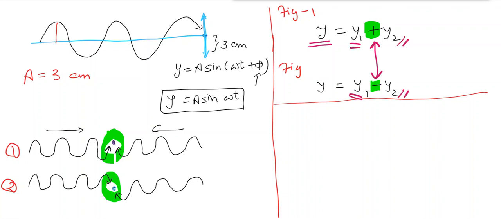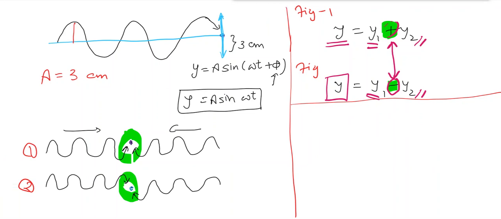What is y1? What is y2? These are displacements due to individual wave. And sometimes we take plus, sometimes we take minus, because we are considering direction. So it is called vector sum. So if you want to find out resultant displacement of the particle, you will have to take vector sum of displacement due to individual wave, and that is superposition principle.